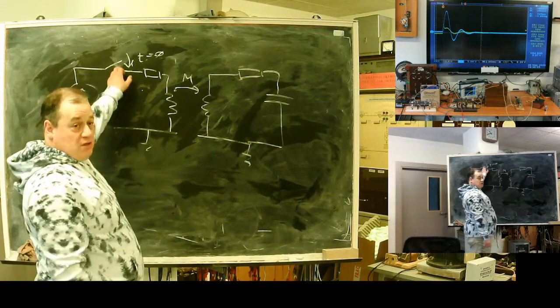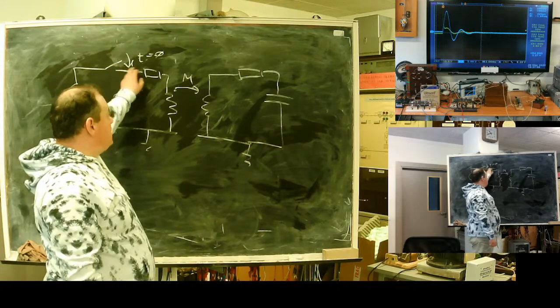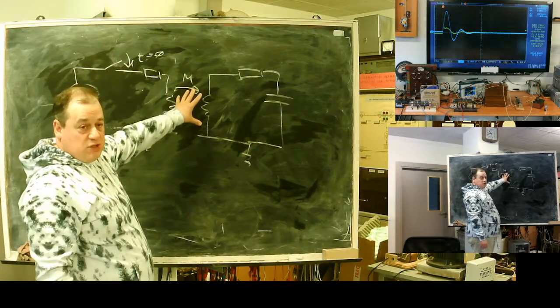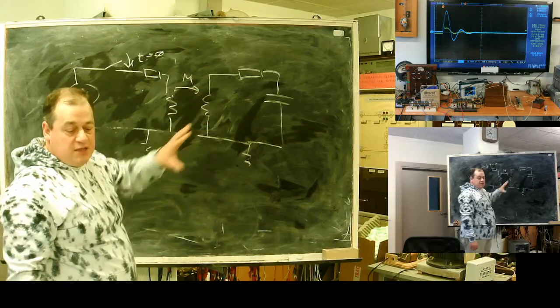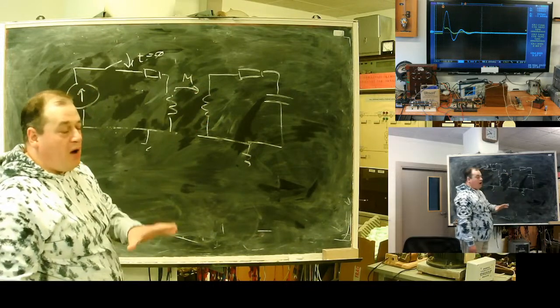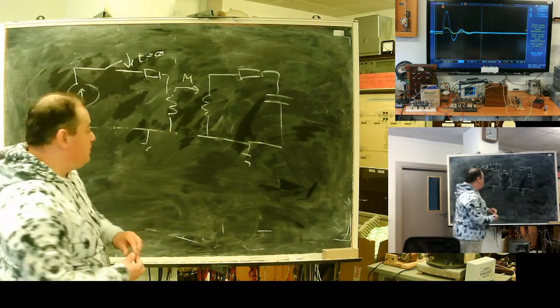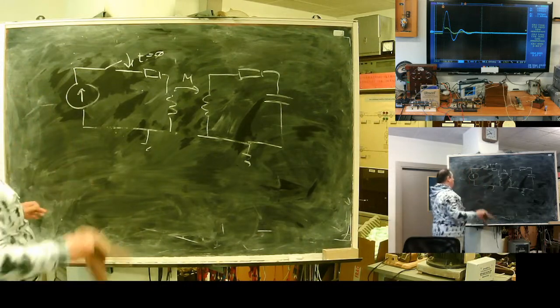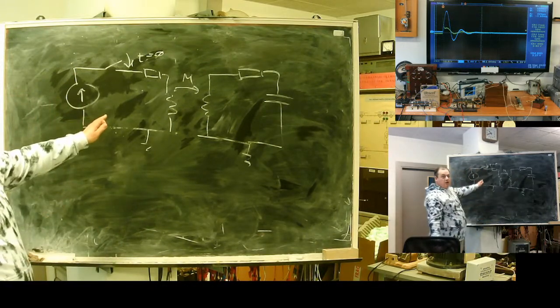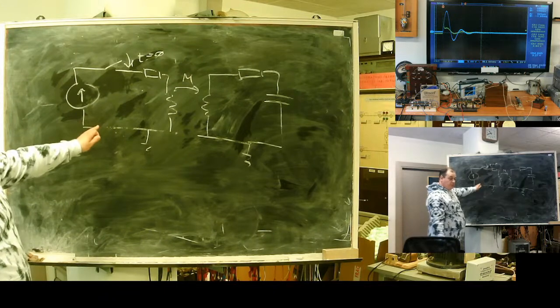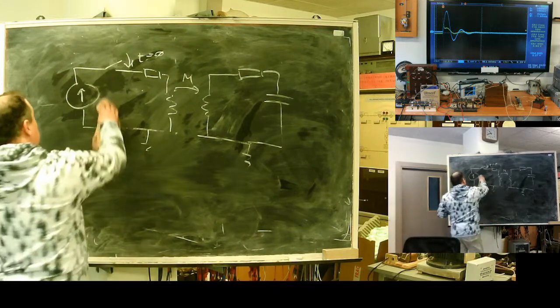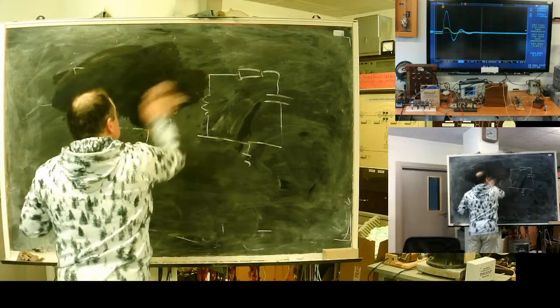Before the switch is activated, there is no current and there is no voltage. So I don't need to think about border conditions. Now I need to draw this network as it would be in Laplacian space.